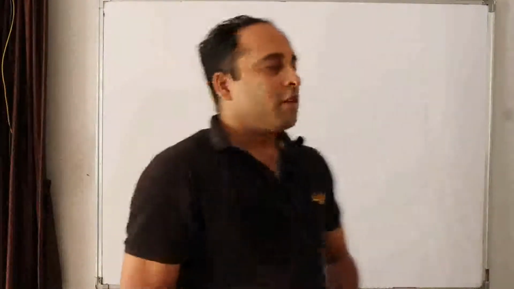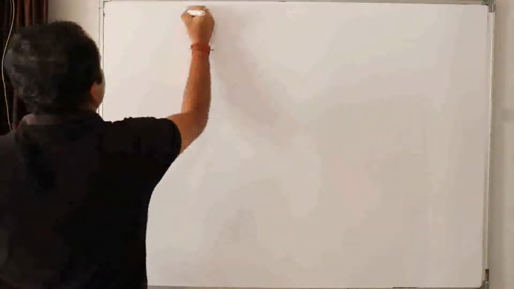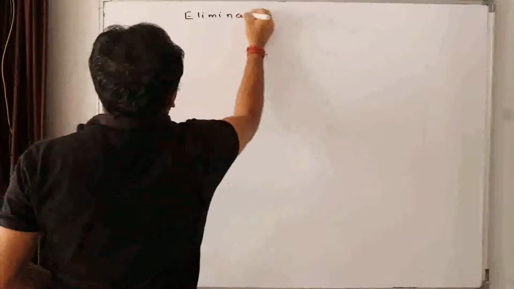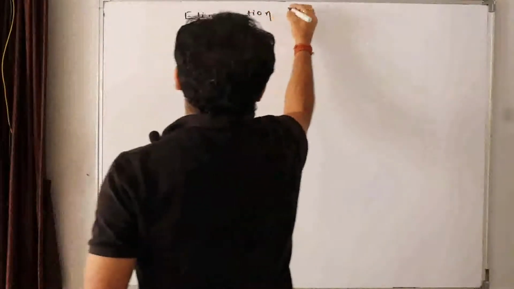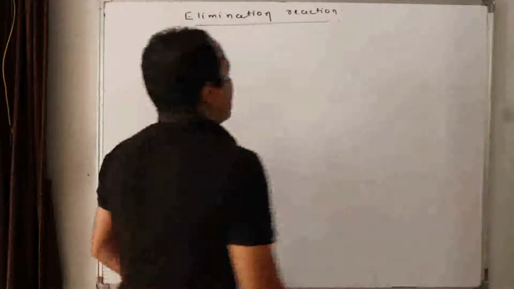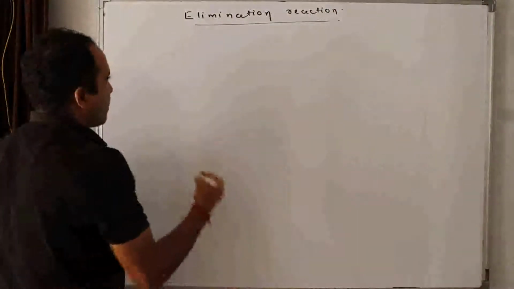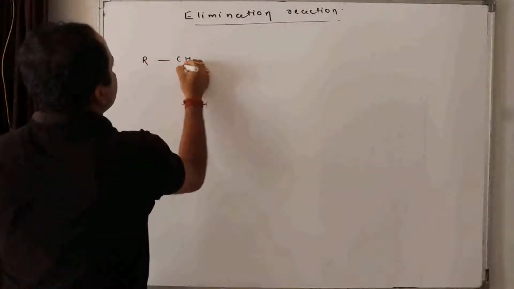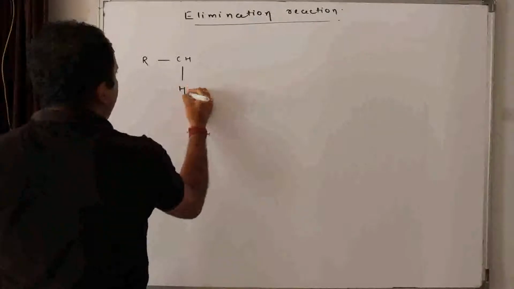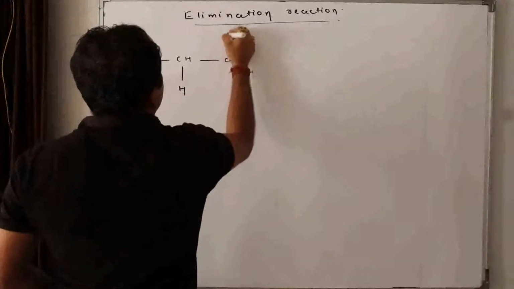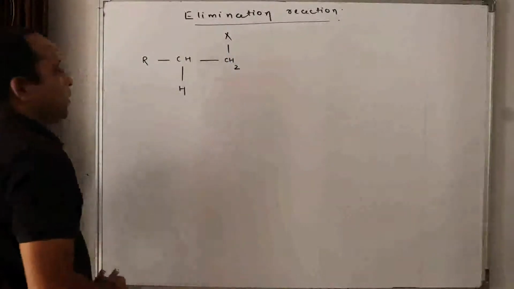So first, what do you mean by elimination reactions? Look here carefully. Open your copies, you can understand. Elimination reactions. What is that? If I take a compound R-CH2-CH2-X, look here.